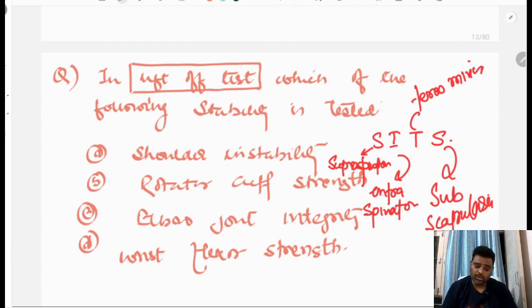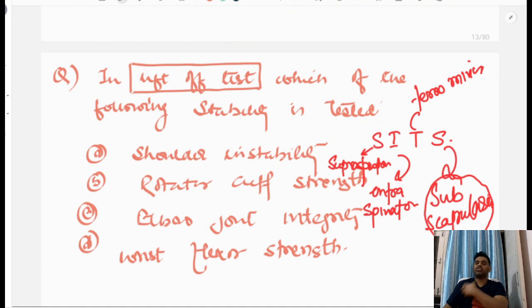Subscapularis. So now please remember this subscapularis muscle. It is written subscapularis, but it is not present below the scapula. It is present anterior to the scapula. The origin is from the subscapular fossa, and its insertion is on the lesser tubercle.